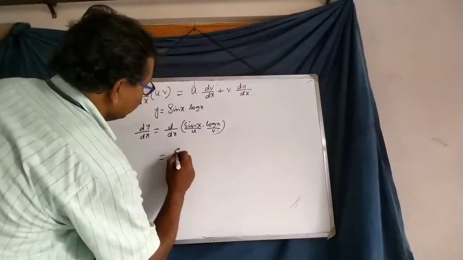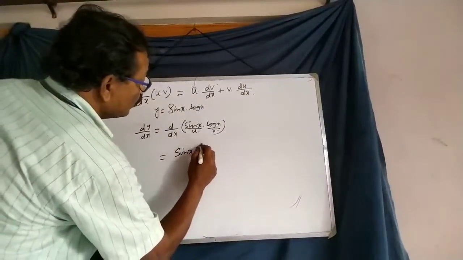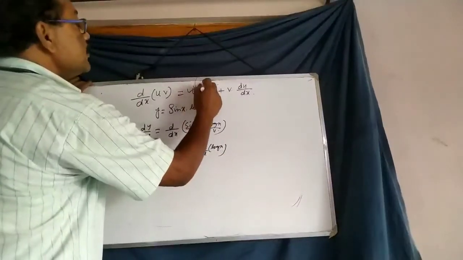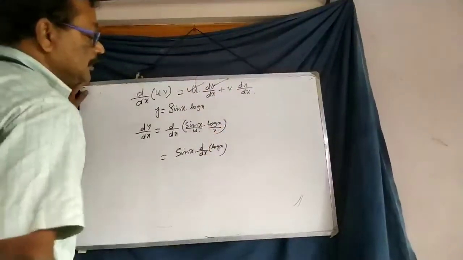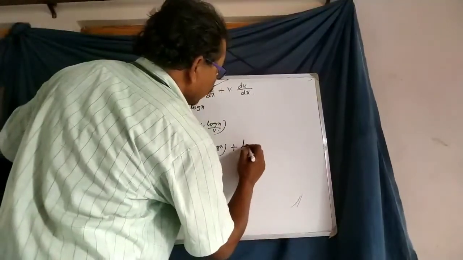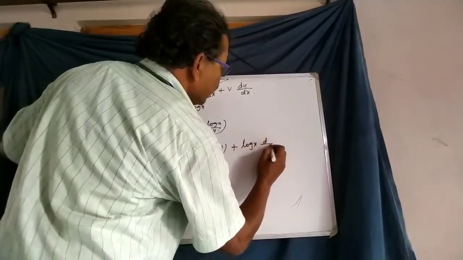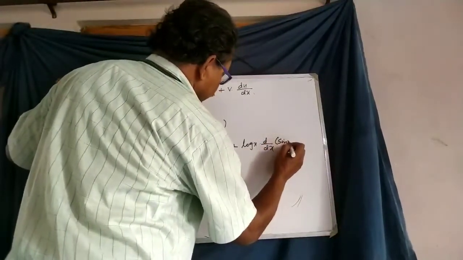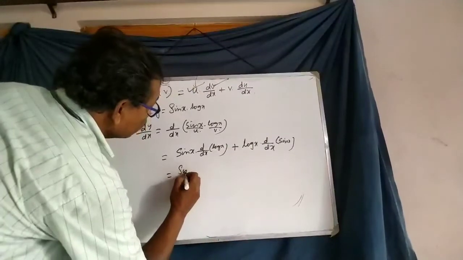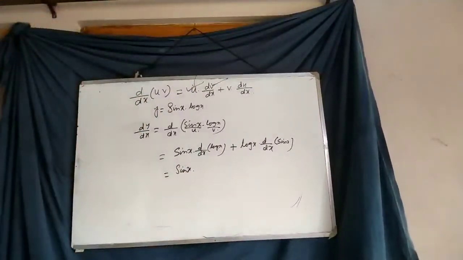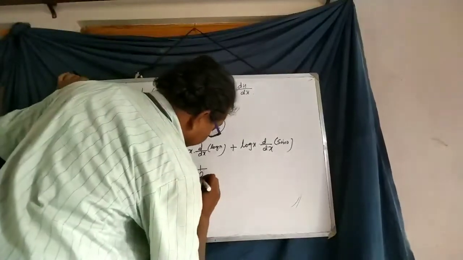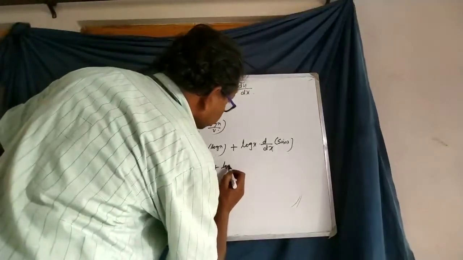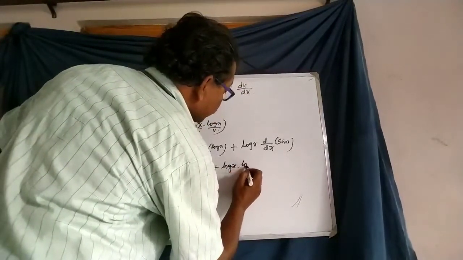Here sin x unchanged, d/dx of log x, u unchanged, derivative of v, plus v unchanged, therefore log x unchanged, d/dx of u means d/dx of sin x. Here sin x into, we know d/dx of log x is equal to 1 by x, plus log x into d/dx of sin x means cos x.